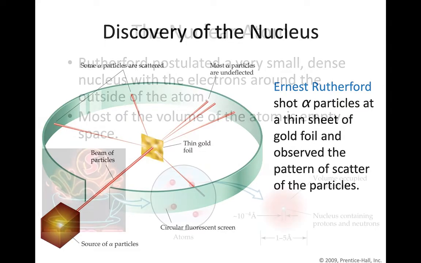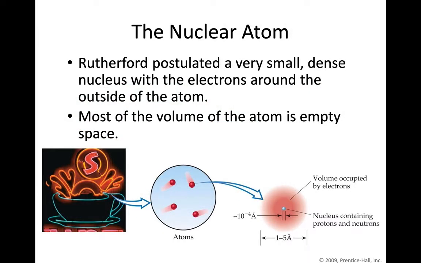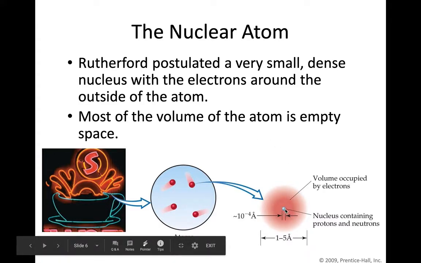And so that's why they made the nuclear atom, the new atomic model, where there was a nucleus in the center of the atom, where all the positive charge was stored, and then most of the atom was empty space. There's electrons around here, somewhere in this cloud, but it is largely empty space.